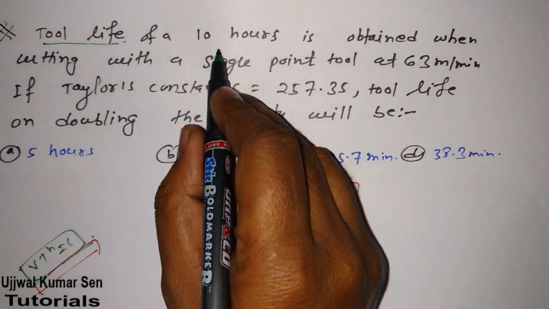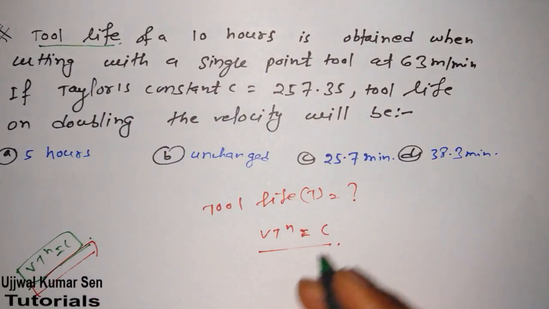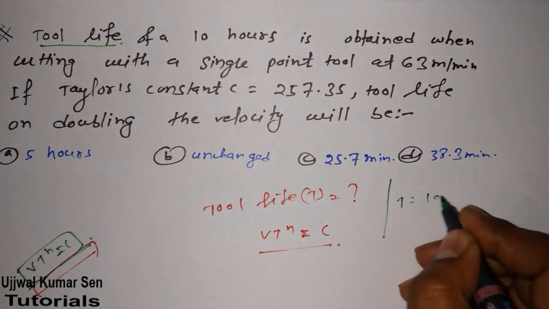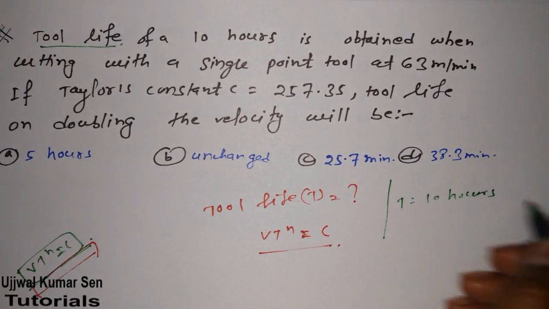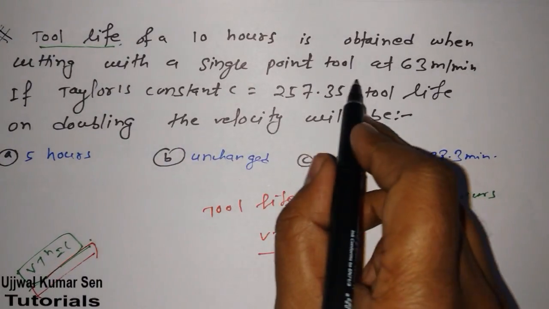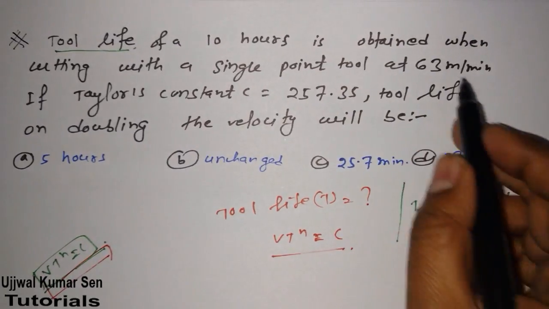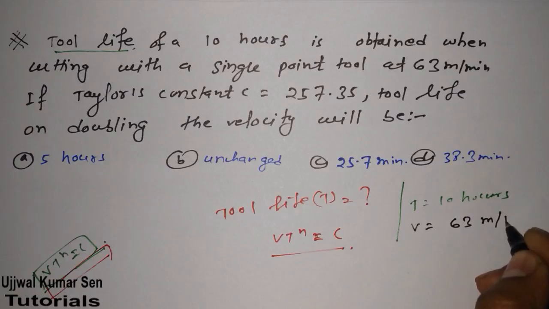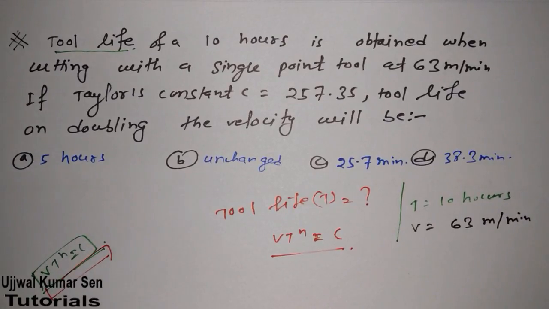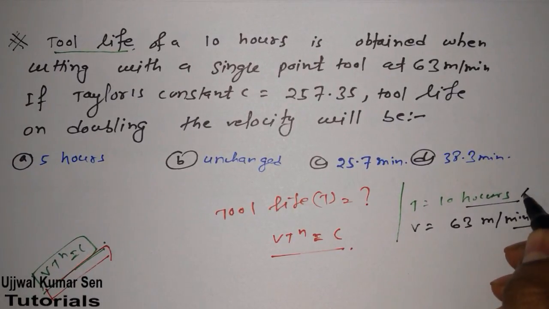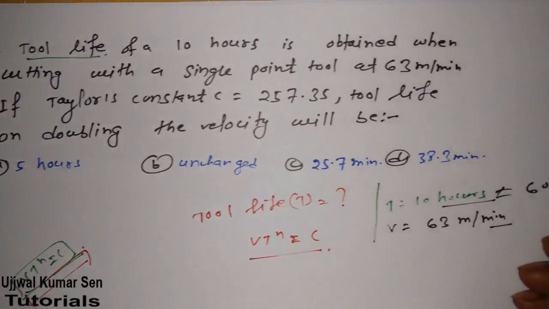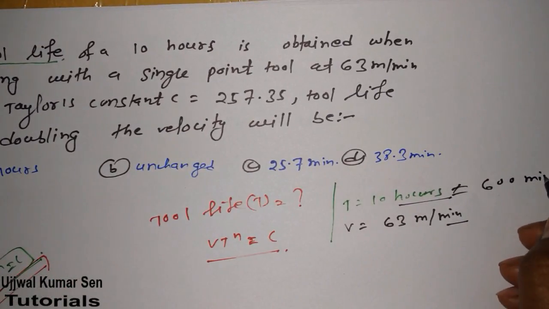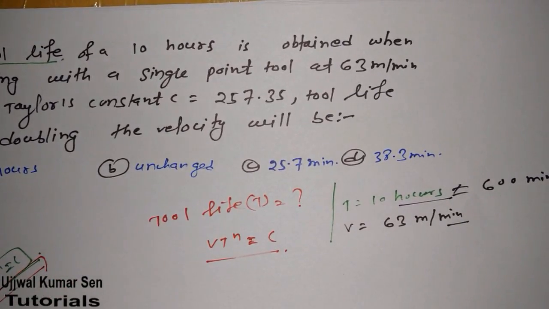So here they have given tool life of 10 hours, right? And then they said single point cutting, and the speed is V equal to 63 meter per minute. First, the unit: I have to convert it into minutes, so this would be 600 minutes. Now I have to read further.